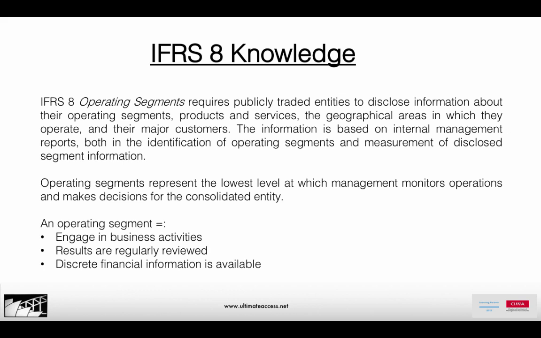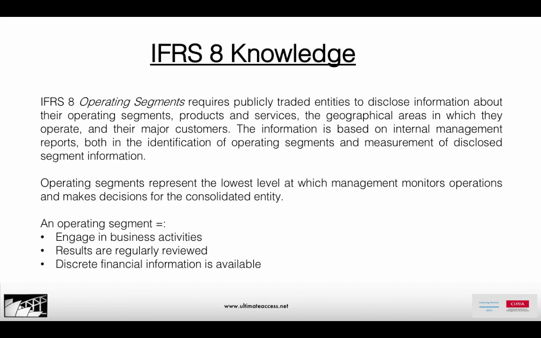Secondly, results are regularly reviewed by the chief operating decision maker of the company. Results are regularly reviewed because we need to monitor progress and performance to be able to allocate resources to that segment if need be.